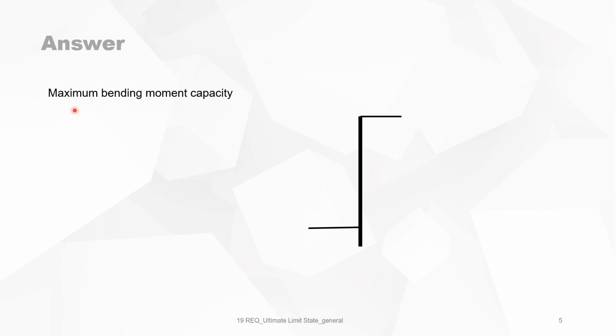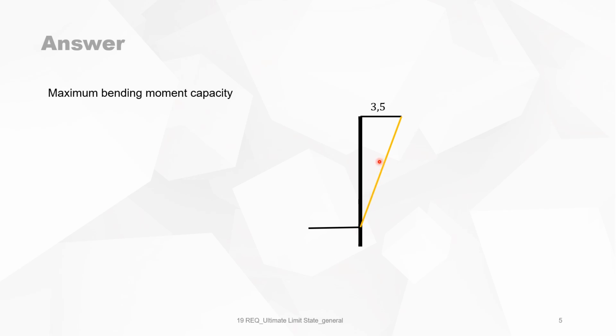Maximum bending moment capacity: we go again to our strain diagram from 3.5 per mil, but this time the plane after bending is doing this. That gives you the maximum bending moment capacity. Now, bear in mind, when you are here, you reach an area of tensile reinforcement equal to 0, which is not possible.